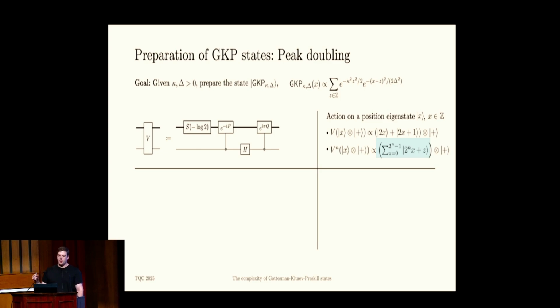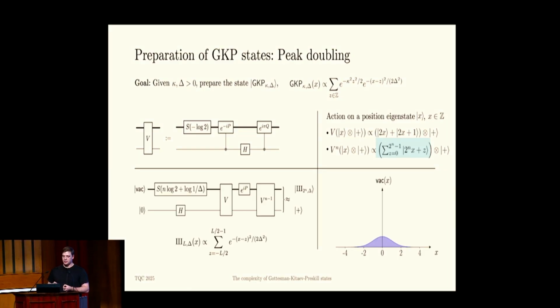It acts on one mode, characterized by this bold wire, and one qubit that is shown in this gray wire. It explicitly makes use of these qubit-controlled displacement operations. To see its action, we can look at how it acts on a position eigenstate at an integer. If we apply it on this position eigenstate tensored by a plus state on the qubit, we generate 2 peaks, stabilizing the qubit state. And so if we do it n times, we generate 2 to the n peaks.